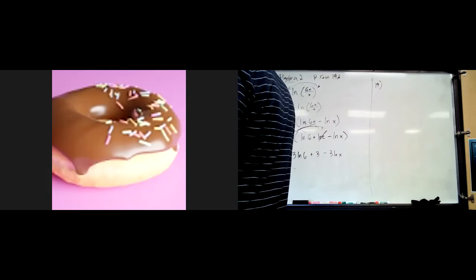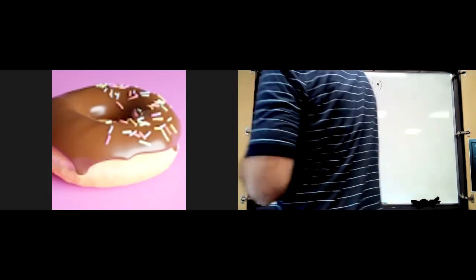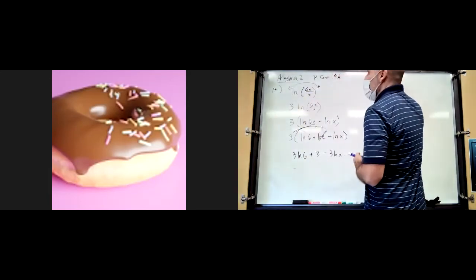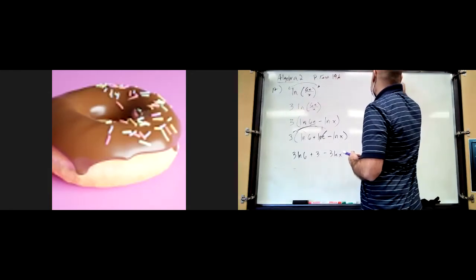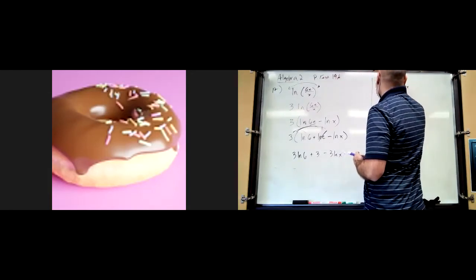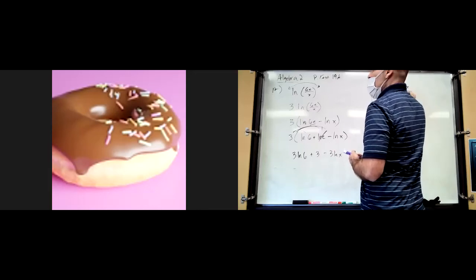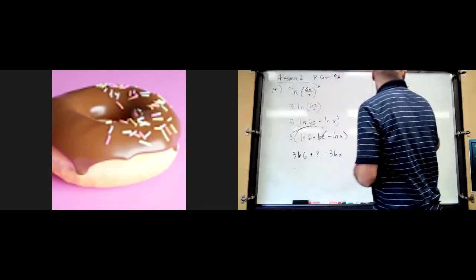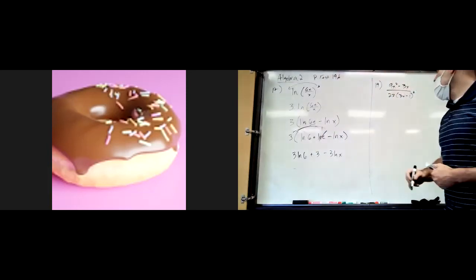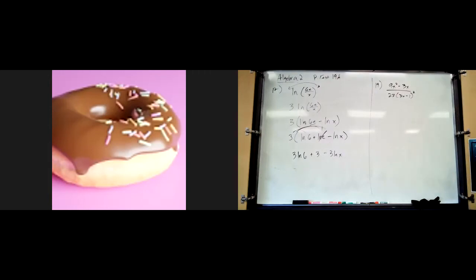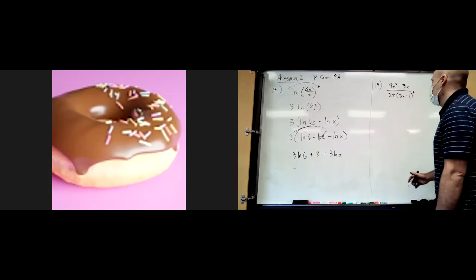So we're going to find the excluded values and simplify this expression. So this is 9x squared minus 3x all over 27 times 3x minus 1 all squared. When you're trying to simplify and find excluded values, the first thing you should do is factor, if anything.